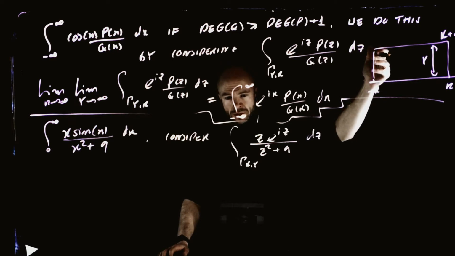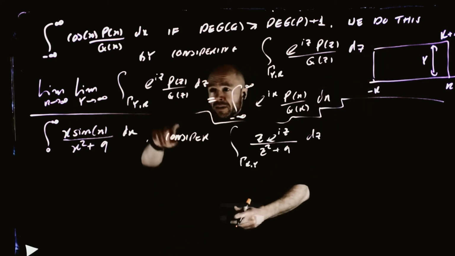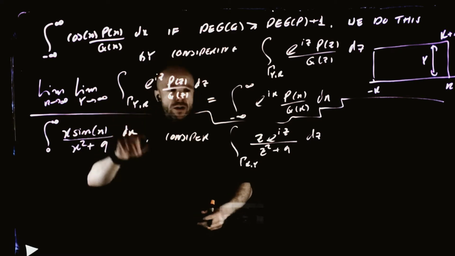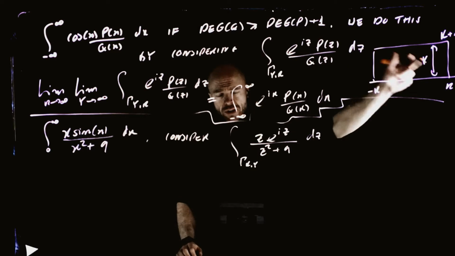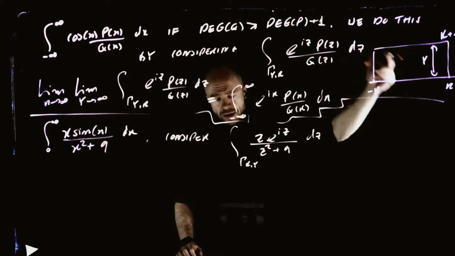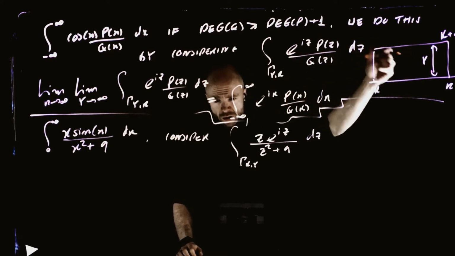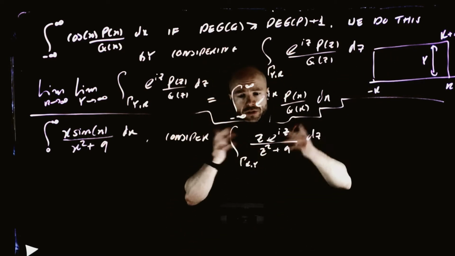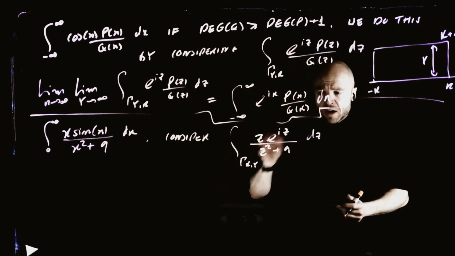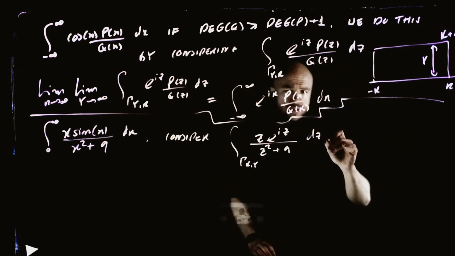Yeah. It's only true in the limit as y and r go to infinity that this thing is equal to this. But as soon as we have r and y big enough to contain our one pole, then the contour is going to give exactly the same result no matter how big r and y are. So we just need to focus on calculating this for sufficiently big r and y such that we contain the one pole. What is the one pole?